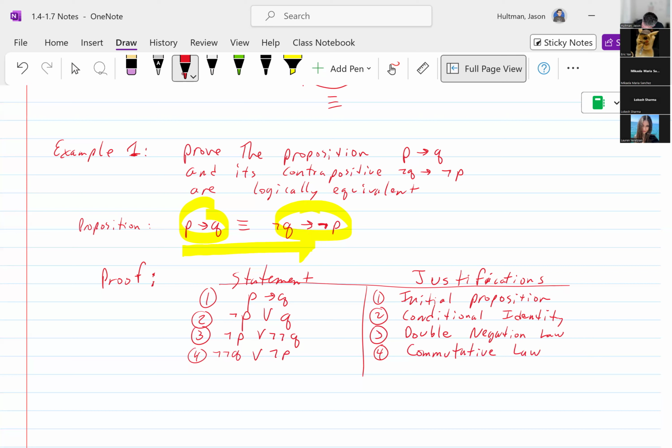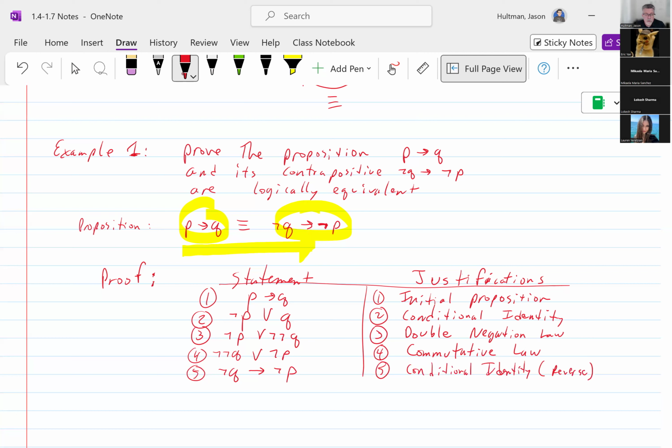Then number 5, this is going to become the negation of Q goes to the negation of P, which is just my conditional identity in reverse.